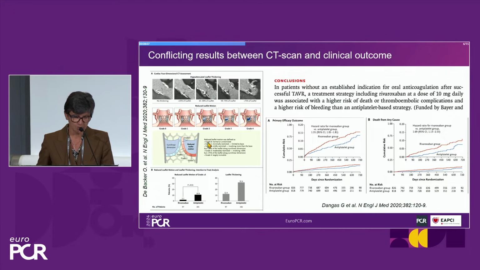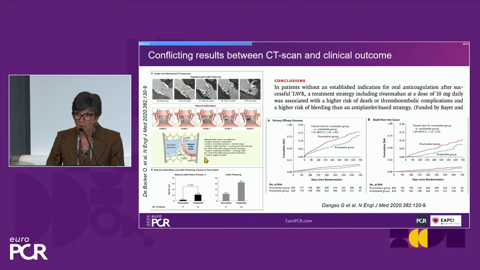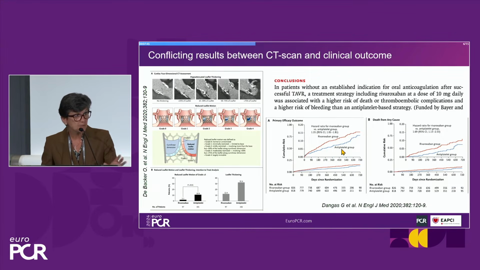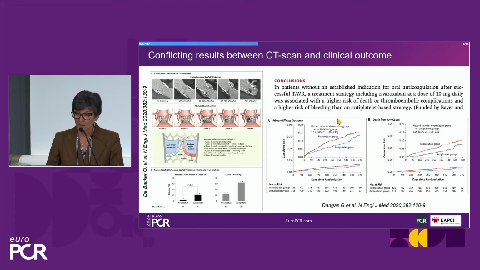In other words, you have less RLM and leaflet thickening among patients receiving anticoagulants, in this GALILEO study rivaroxaban, as compared with patients receiving only antiplatelet therapy. So the CT scan is much, much better. But everyone here in the room knows that the GALILEO study was not good for the rivaroxaban arm.